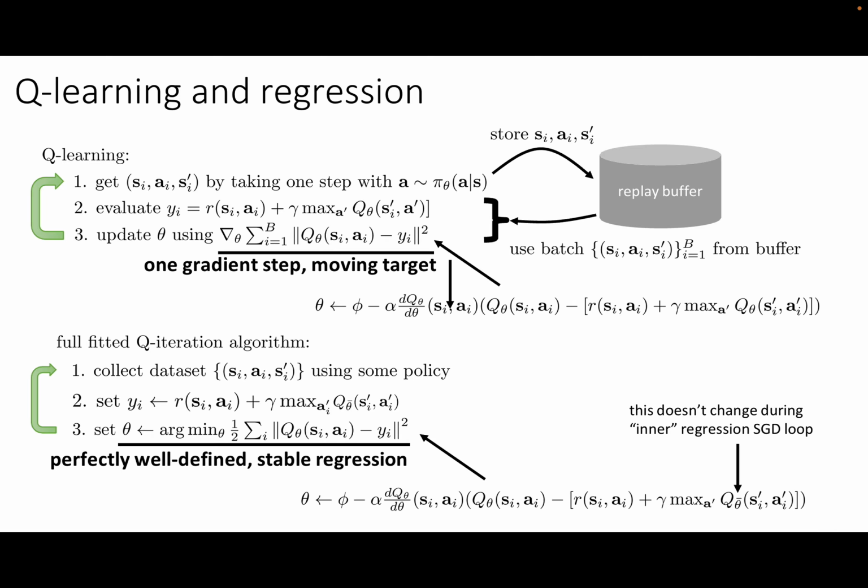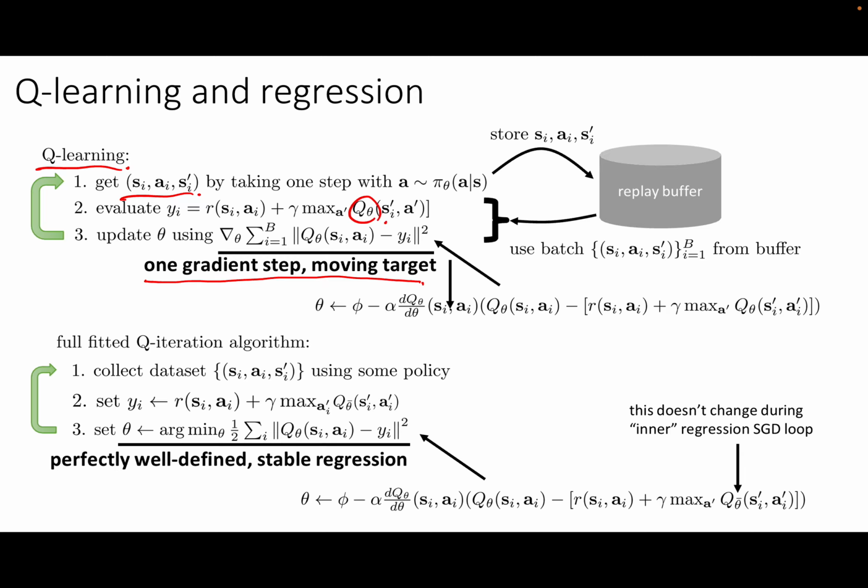So this shows typical Q learning. We get a transition from our sampled action, and the important thing is that with each gradient descent step, without special treatment, the target is moving, right? Because the target is from Q theta.